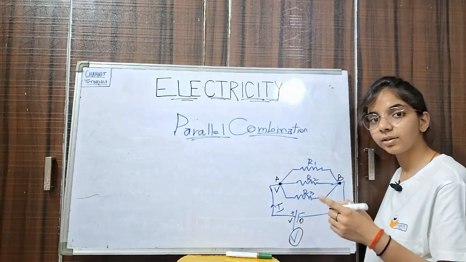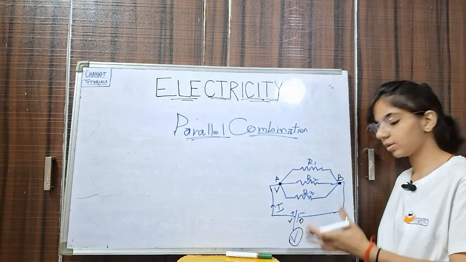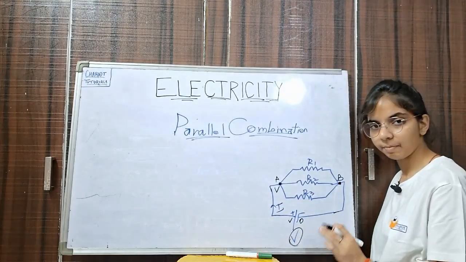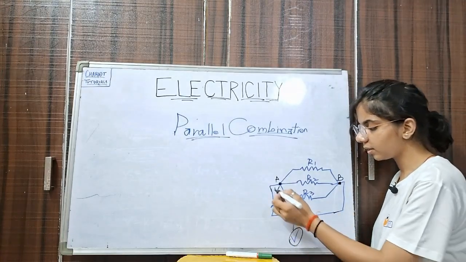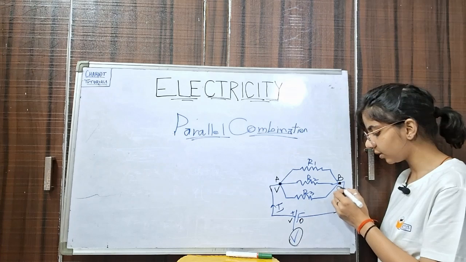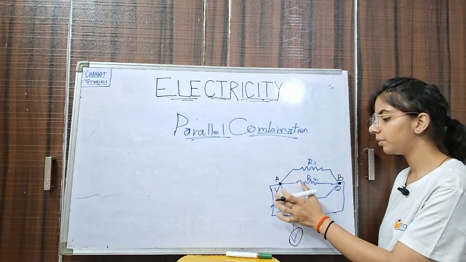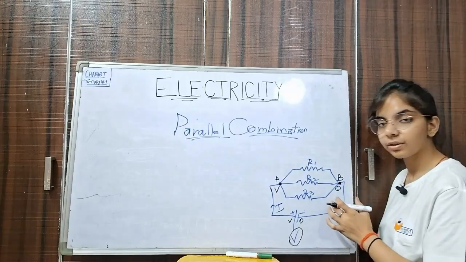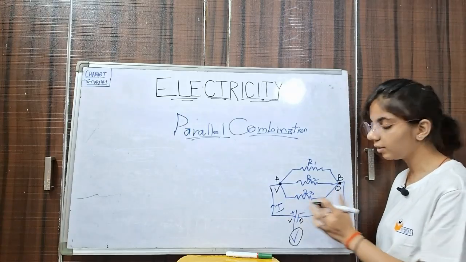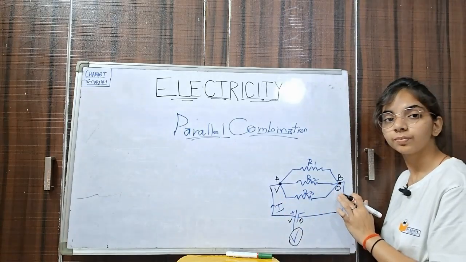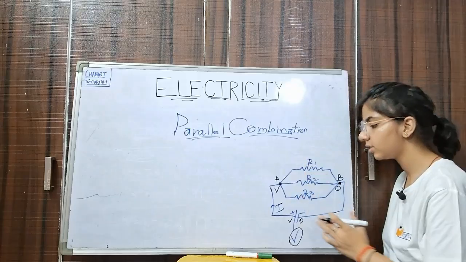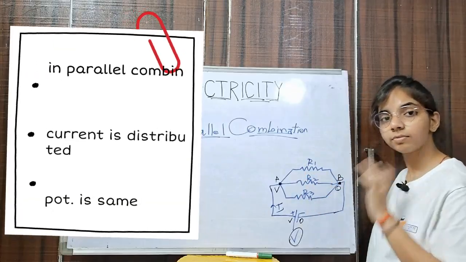That is why the potential difference is higher potential minus lower potential, and it came out to be V volt. So see, all three resistances are between the same potential difference, right? That is V and 0. The potential difference across each resistance is V minus 0, that is V volt.